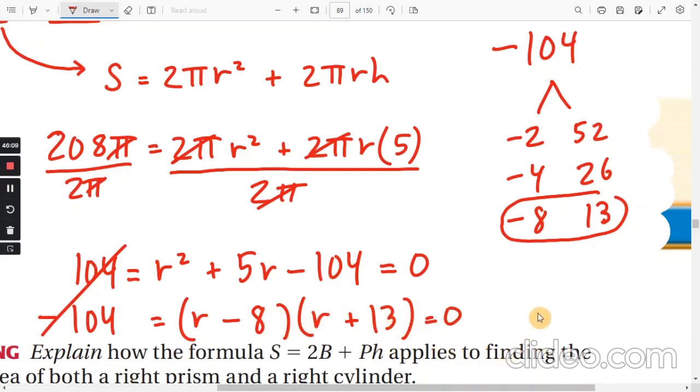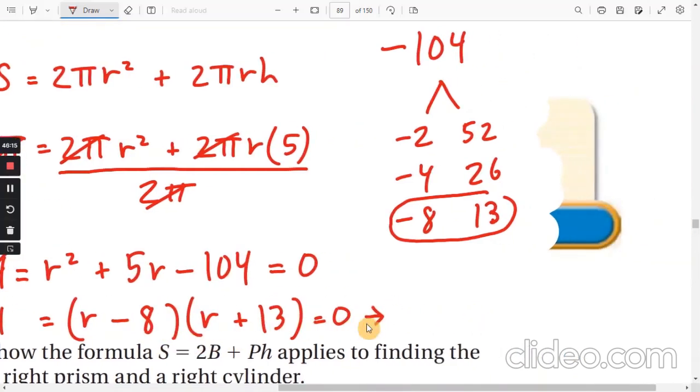And then solving for r, minus anything times 0 is 0. So this can be 0 and this can be 0. And if r minus 8 equals 0, then r equals 8. And if r plus 13 equals 0, r is going to be negative 13.